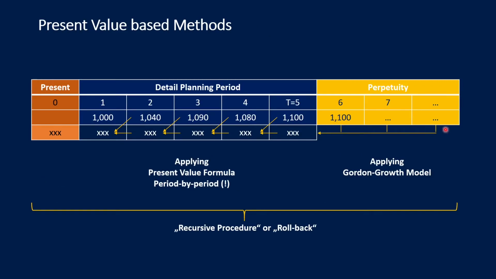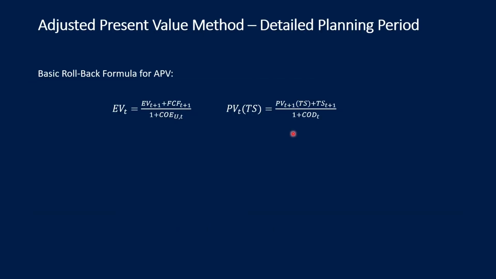Now, having performed this discounting, having ended up in this present value, we now have to roll back period by period. So the entity value as of period small t is the entity value as of t+1 plus the free cash flow as of t+1 divided by 1 plus, because we only discount by 1 period, the cost of equity of the unlevered firm as of period t.